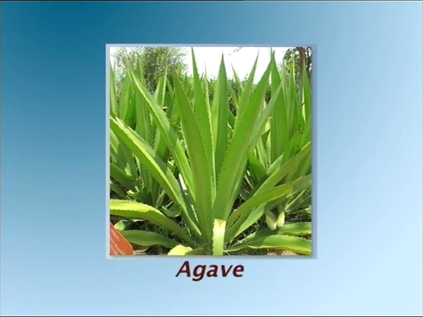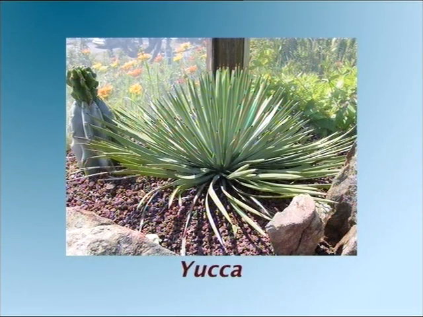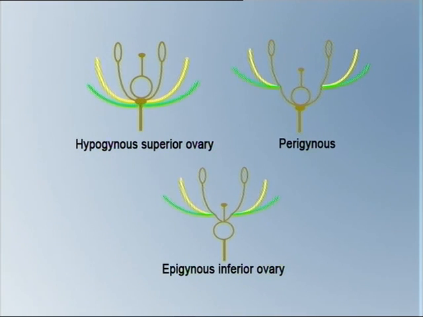The genera Agave and Yucca were placed in two separate families, Amaryllidaceae with inferior ovary and Liliaceae with superior ovary respectively, by some earlier workers. Due to the overall similarity in these genera, they are now generally separated from their respective families and placed in the Agavaceae.